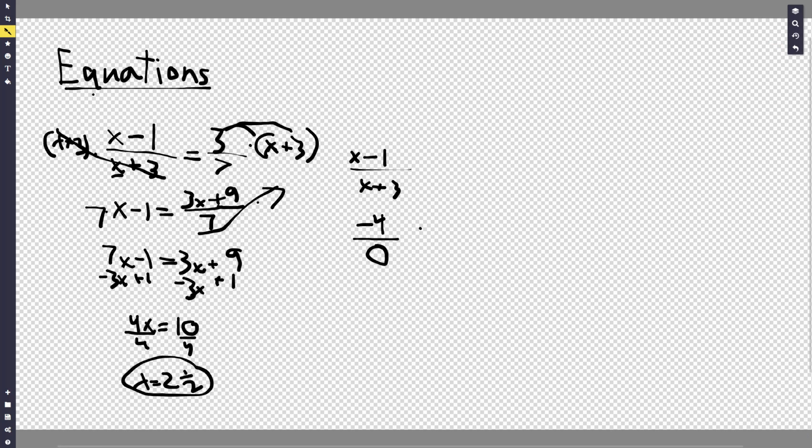So you're dividing by 0, which you cannot do. There are some values when working with rational equations that you cannot use, and these are called excluded values. You can write this as x cannot equal negative 3. Depending on who's teaching you, they might want you to include that.